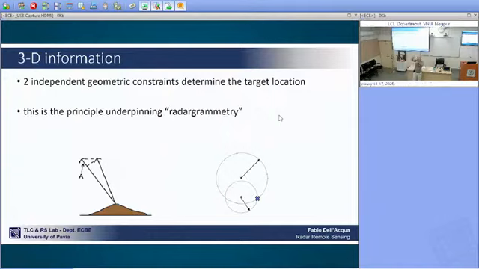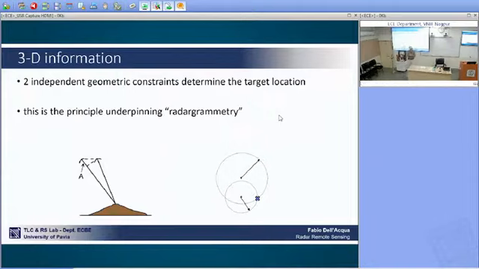I can combine these distances because the elevation of this point, for example, will cause a certain amount of difference between the two paths, which exactly depends on elevation. If it's higher, the two distances will be different to a different extent. Okay?